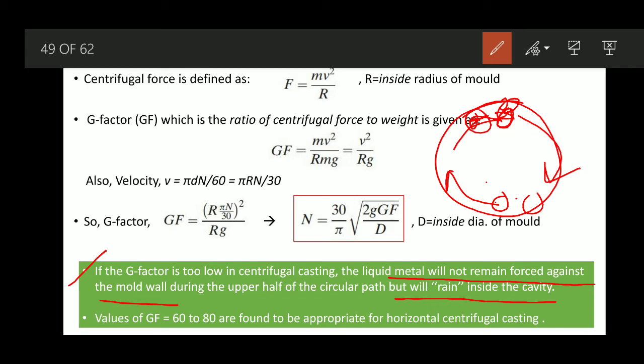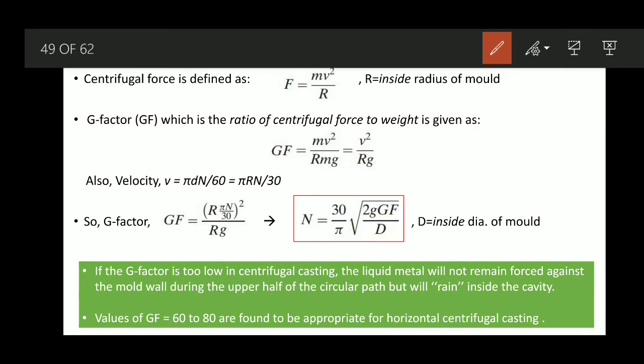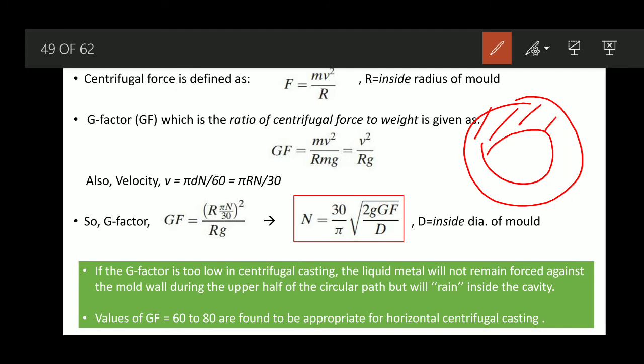So this z factor is nothing but that z force we are talking about, associated with the gravitational pull in terms of the centrifugal force. Now if the z factor is too low, then for the upper half of the circular path, suppose due to the centrifugal force we have obtained this particular casting, there will be a tendency of the material to fall, to rain inside the cavity.